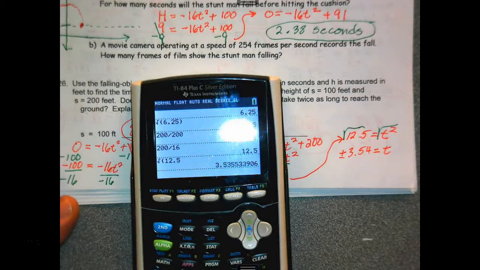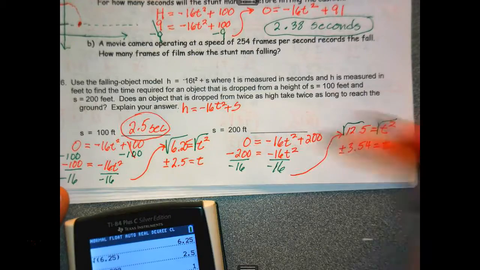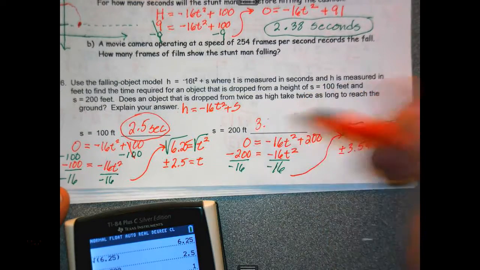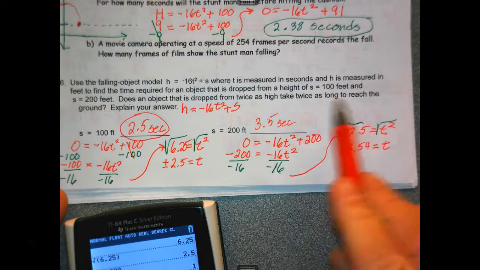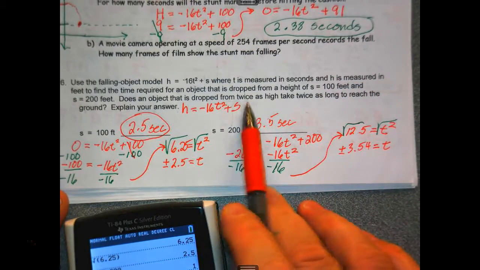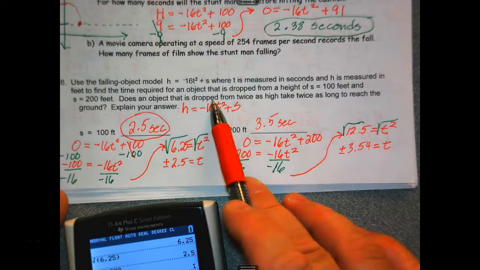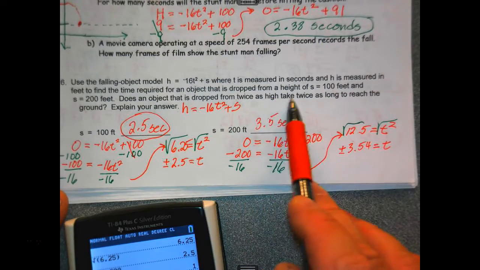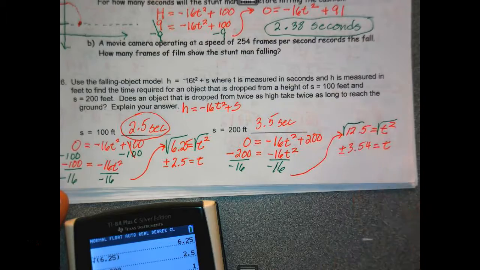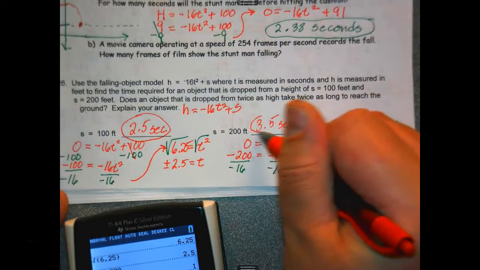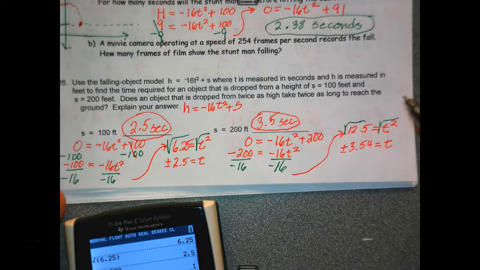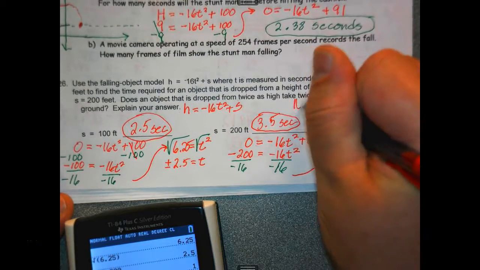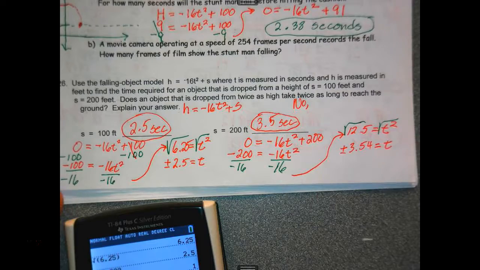Then again, I'm dealing with time, so I'm not going to use the negative. 3.54 seconds. Now, it also says, does an object that is dropped from twice as high take twice as long to reach the ground? Does it take twice as long to reach the ground? No. And explain why.